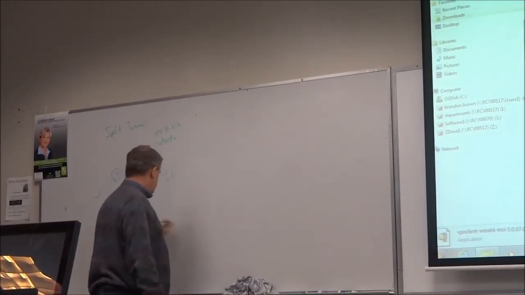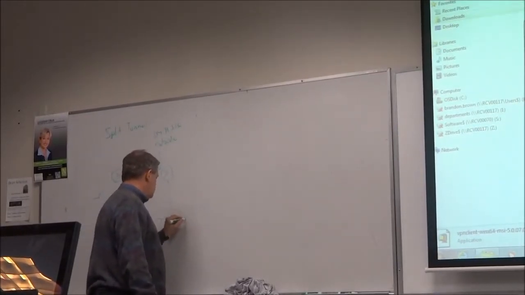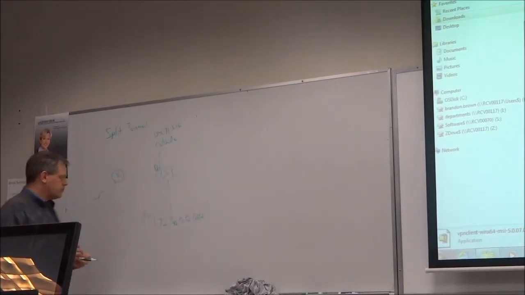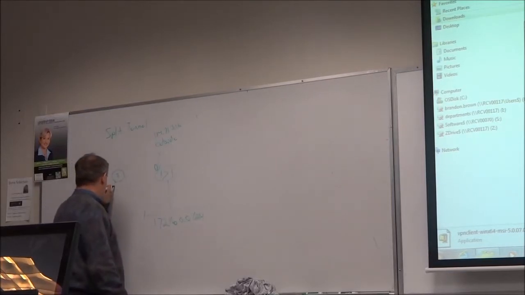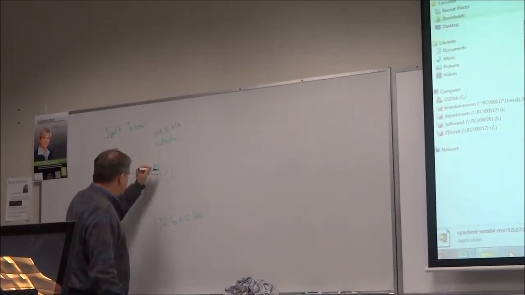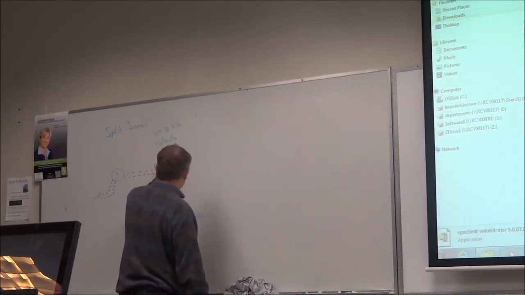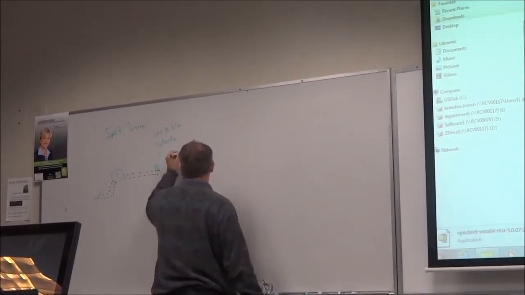Then I have this 172.16.0.0/24 LAN. This is where I'm going to plant my VMs. So I have a VPN tunnel that's terminating here, and I'm getting 172.16.0.51 as my IP on my VPN.